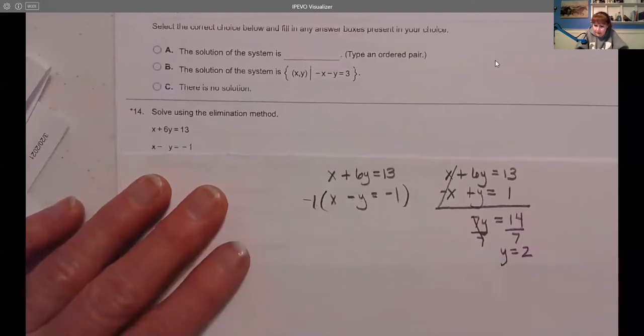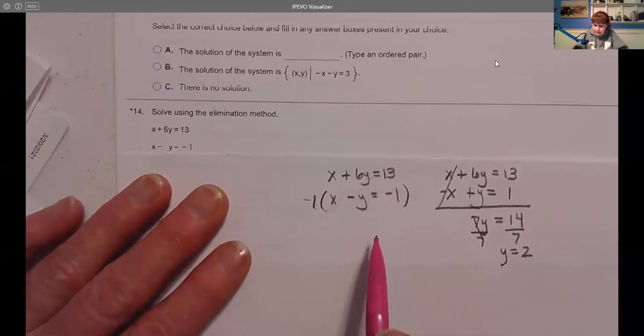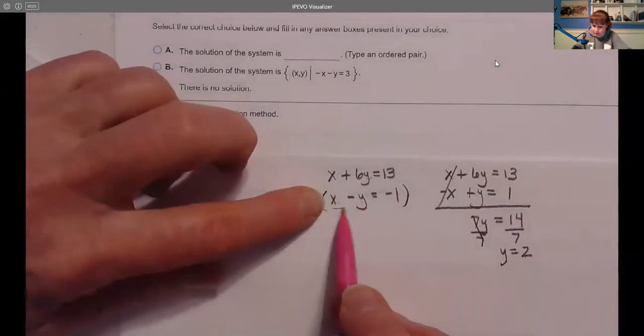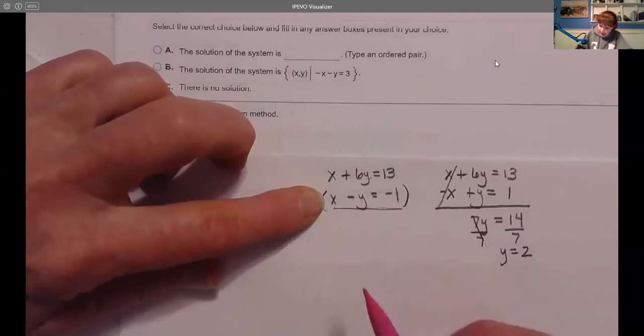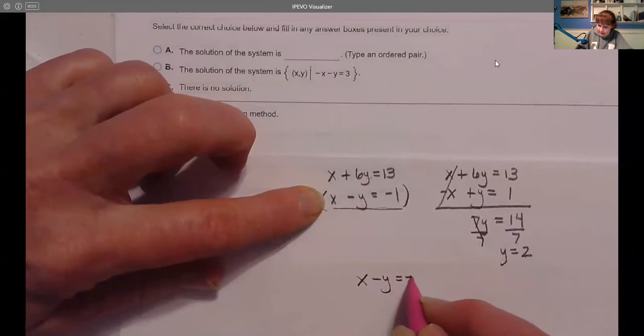But now I need to find out what x is equal to. So I think I'm going to use that top equation here to see what x is. I'm going to make the y a 2, just so I don't have to deal with negatives. Not that negatives are bad. Well, I guess you could put 2 in here and it wouldn't be too bad. All right, let's do this original. x minus y equals a -1.